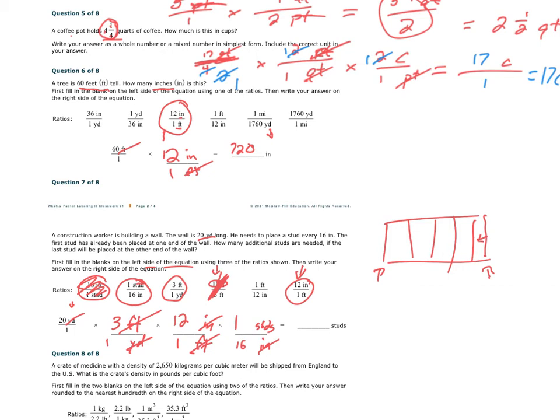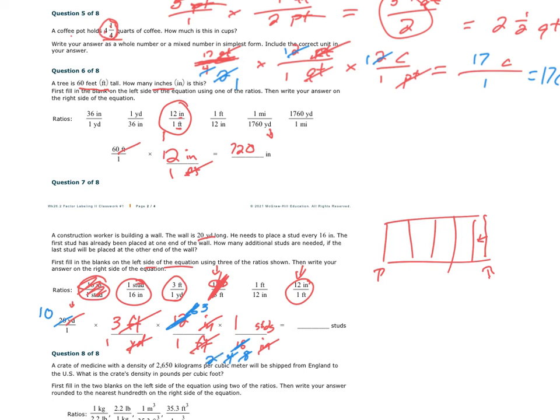So now I need to multiply my numerators. Well, let's simplify first. On the bottom I have 16. So let's simplify 16 and 12. Change that to 8 and 6. When I divide by 2, I could have divided by 4. That would have made more sense. But let's divide by 2 again. And then let's divide 20 and 4 by 2.